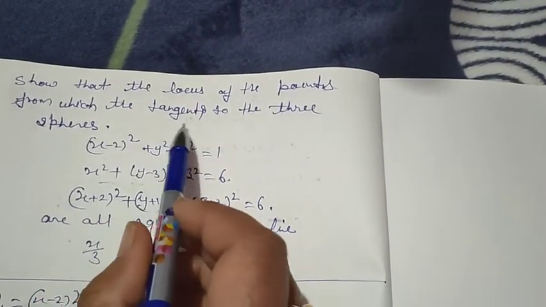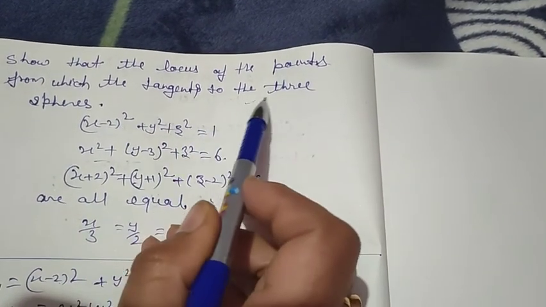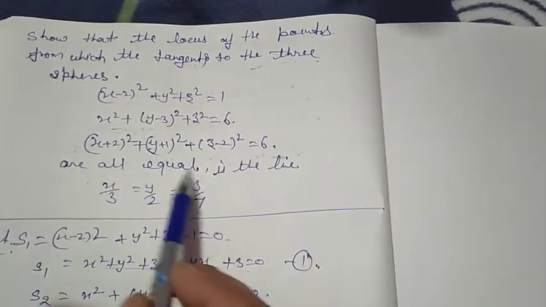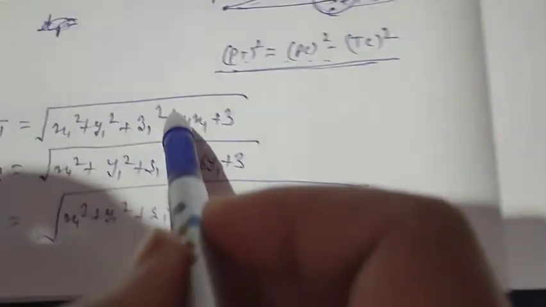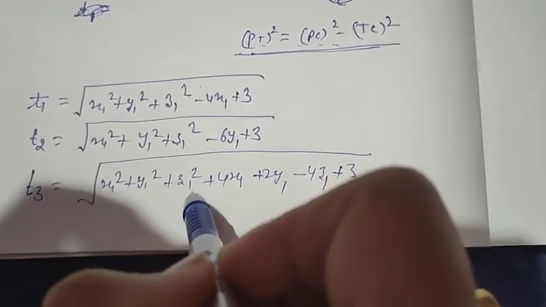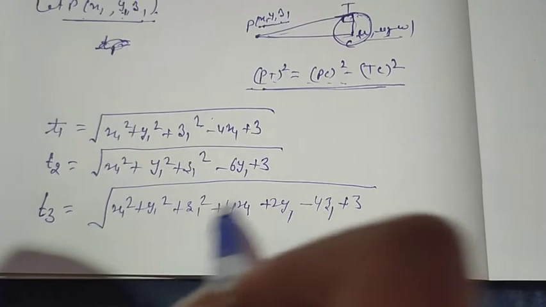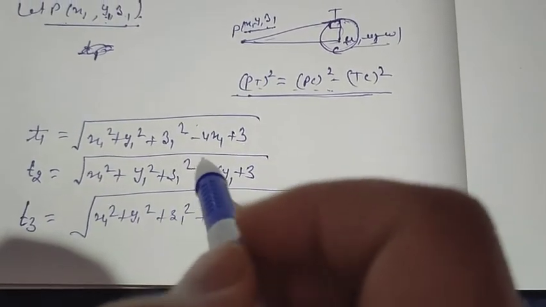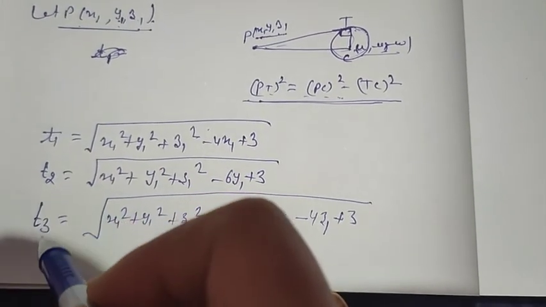And in the statement it is given that the lengths of tangent to the three spheres are all equal. Then these three distances are equal, so T1 is equal to T2 is equal to T3.